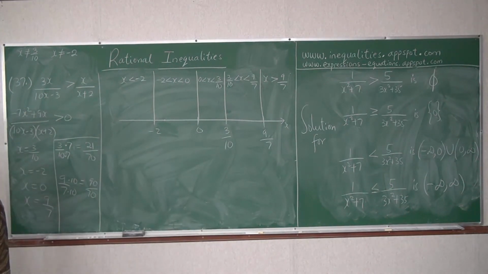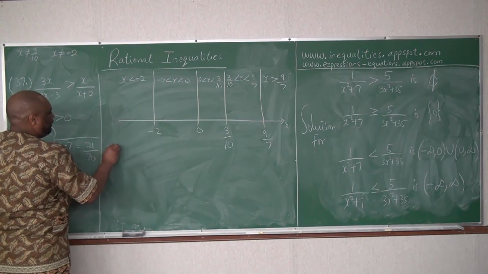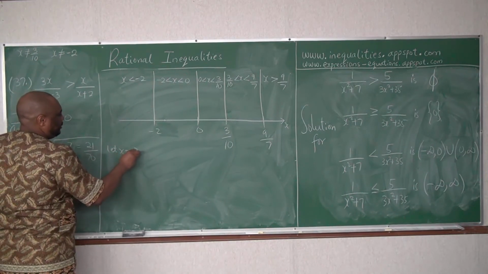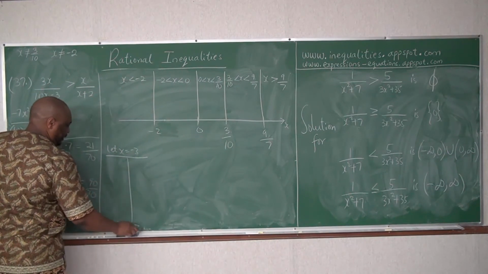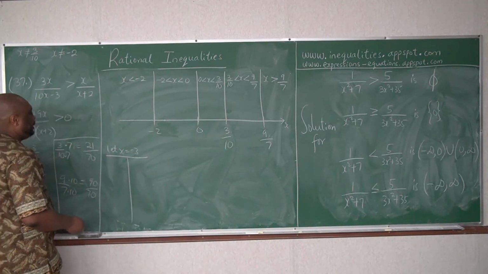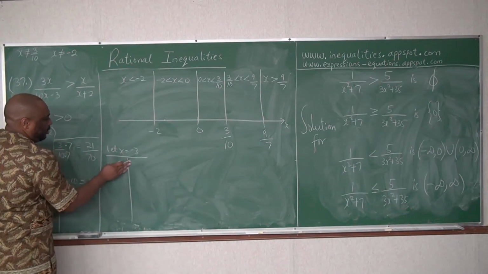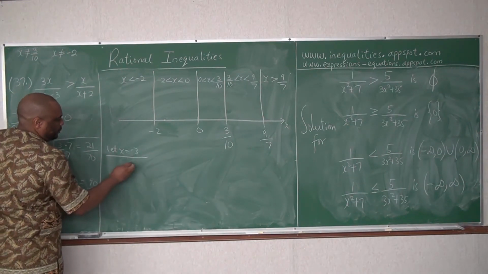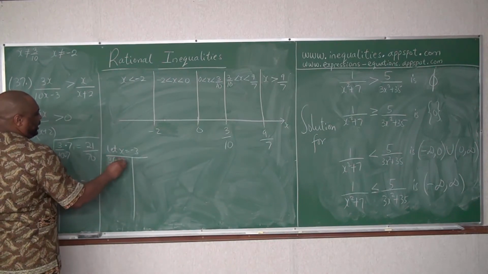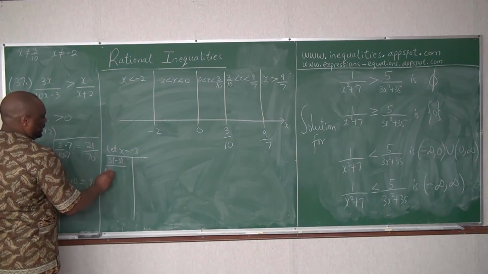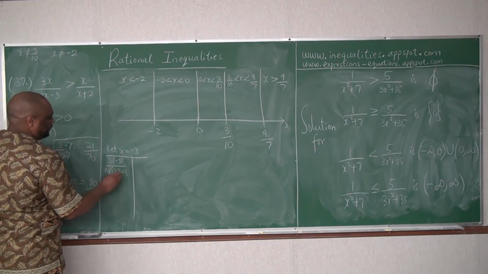Alright, so let's begin to test a point in each interval. We start with the first one. Let x be negative 3. And we're going to do it for the main inequality. So here we have 3 times negative 3 over 10 times negative 3 minus 3.